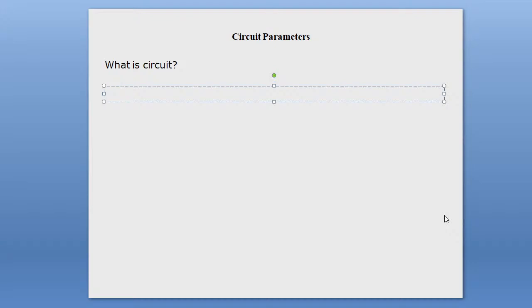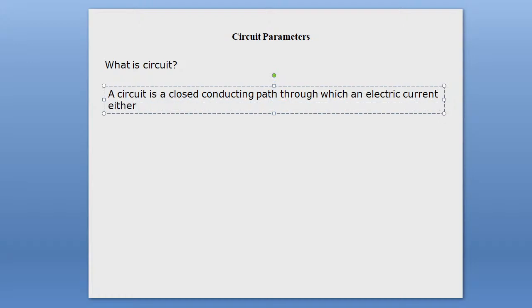of an electrical network you can write: a circuit is a closed conducting path through which an electric current either flows or is intended to flow.